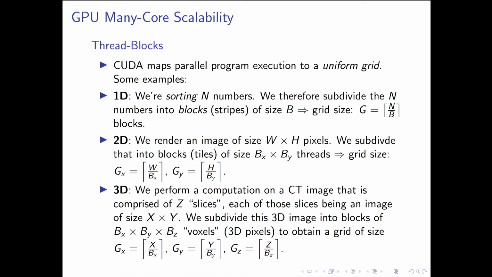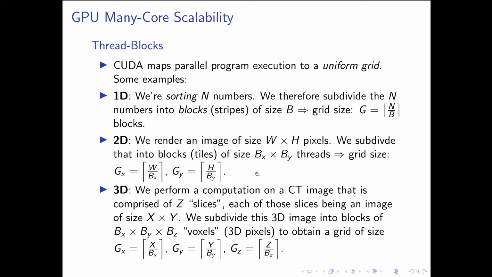Each block would have the size b, and that would give us the grid size, which would be n over b. We would usually not have the number of items that we're processing exactly divisible by the block size. So in order to determine the grid size, the number of blocks, we would take n over b and round it up, and that would give us the number of blocks, that is the grid size.